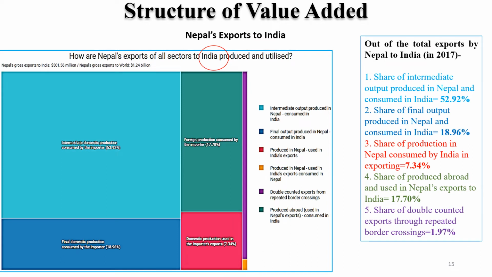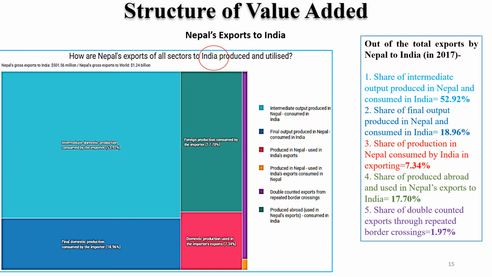Now if we do it with India, we can see the share of intermediate output produced in Nepal and consumed in India is around 52.92%. So what is Nepal's production of intermediate goods which go to India for final consumption?